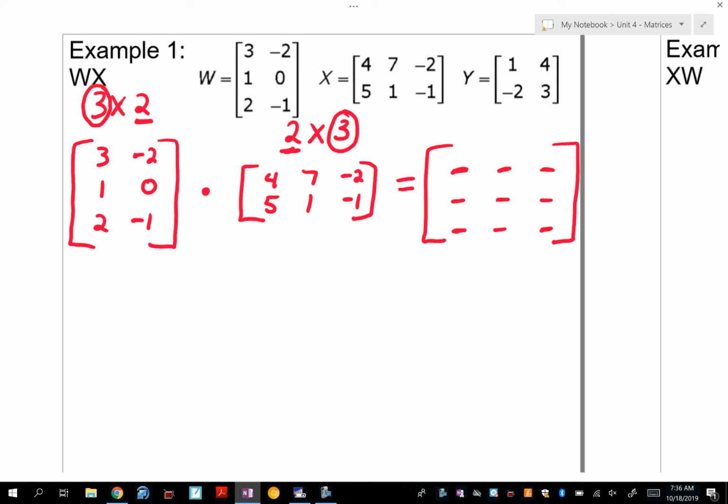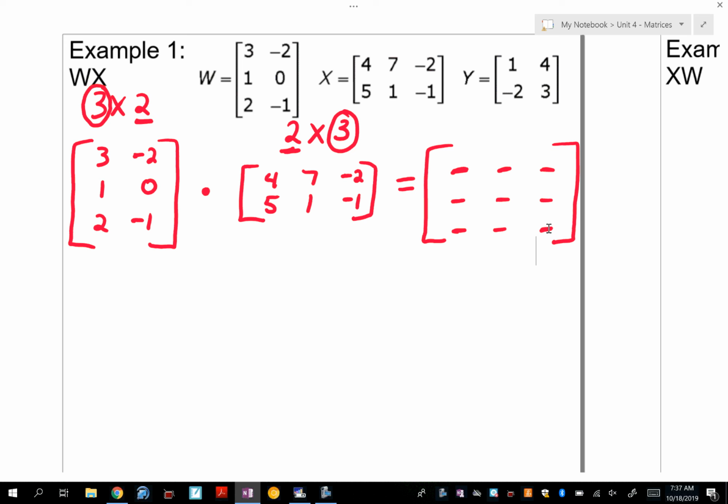Almost there. Now, what I need you to remember from today is that in order to multiply matrices, you're going to multiply the rows of the first matrix times the columns of the second matrix. Say it with me. The rows of the first matrix times the columns of the second matrix.